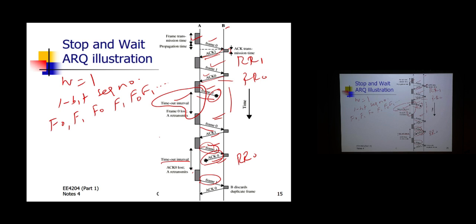Now, earlier the receiver received a frame with sequence number 1. Now it receives another frame with the same sequence number 1. It should know that it's a duplicate frame. Just because the frame number is the same, we cannot say it is a duplicate. So how does it know? Very simple.